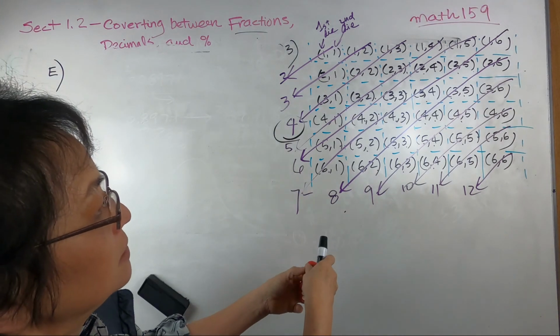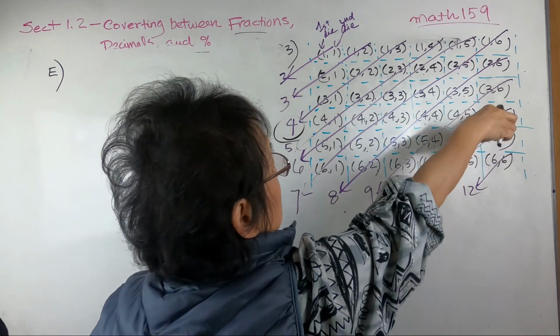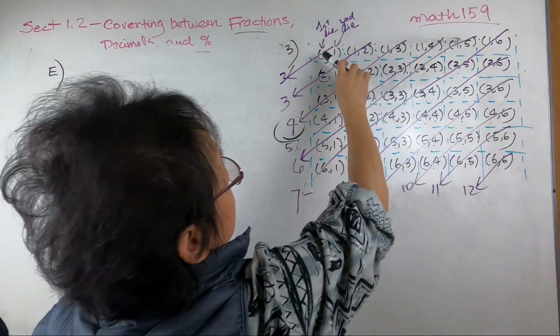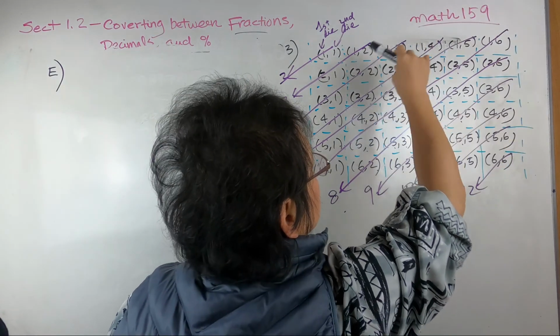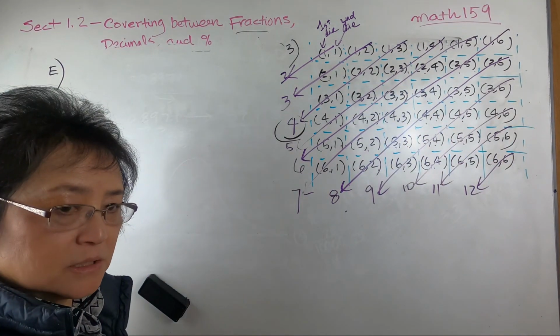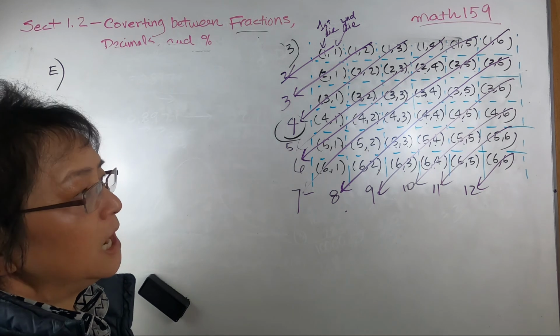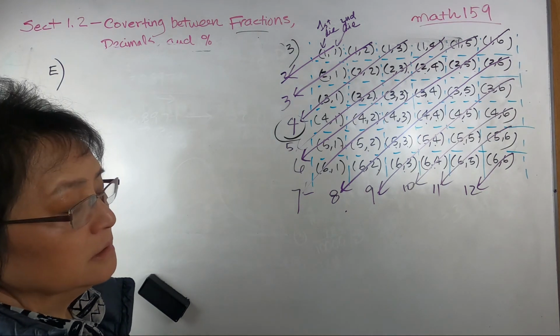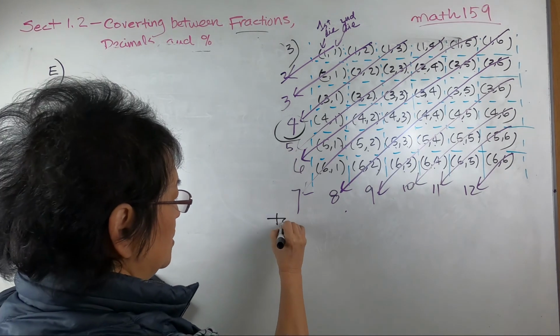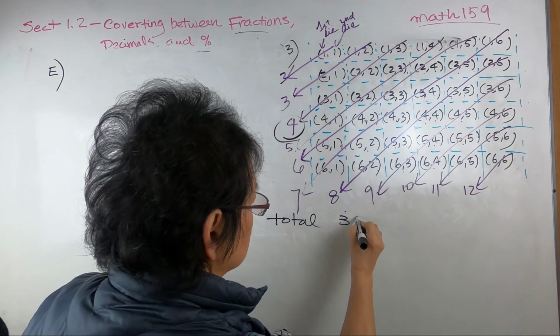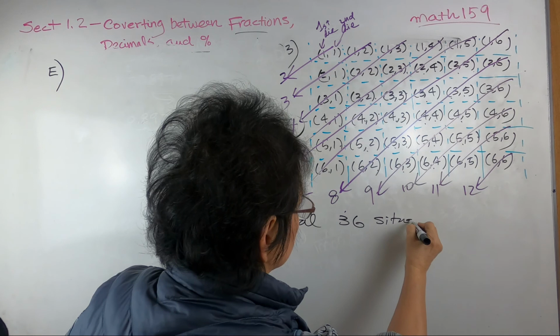Total, how many? Look at the situations. 6 here, 6 here. Total is 36 cases, right? How can you make it happen? 6 times 6. So the total will be 36 situations, right?